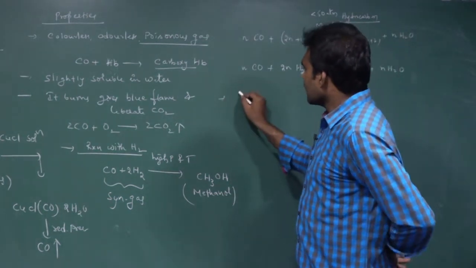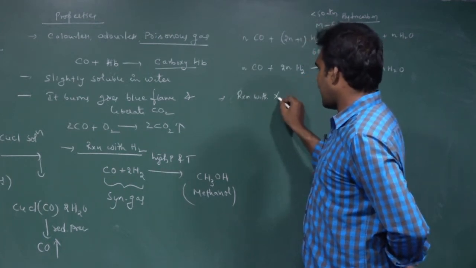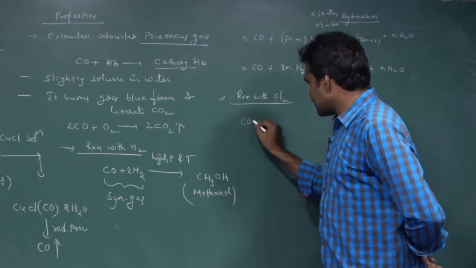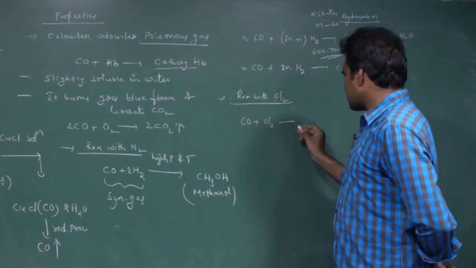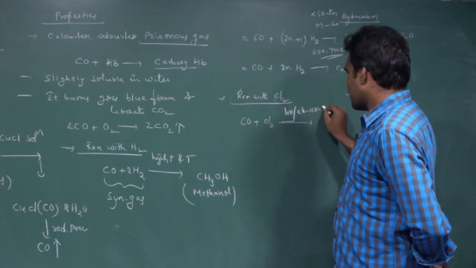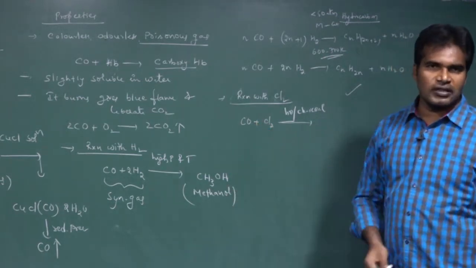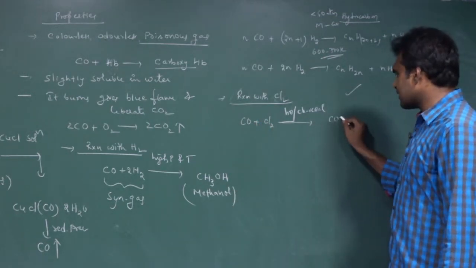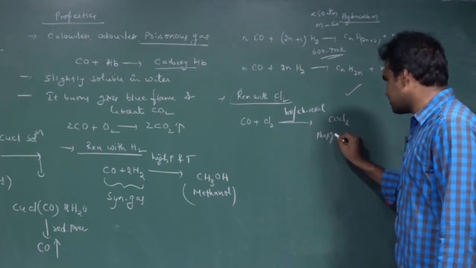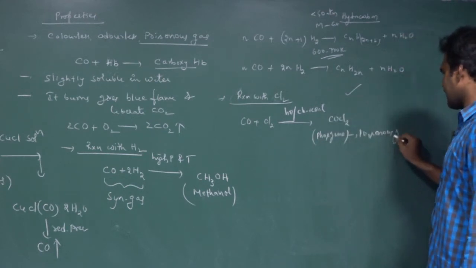Next one, reaction with halogens, or simply chlorine. If you treat carbon monoxide with chlorine in the presence of sunlight or charcoal, we get a poisonous gas, COCl2, which we call phosgene.